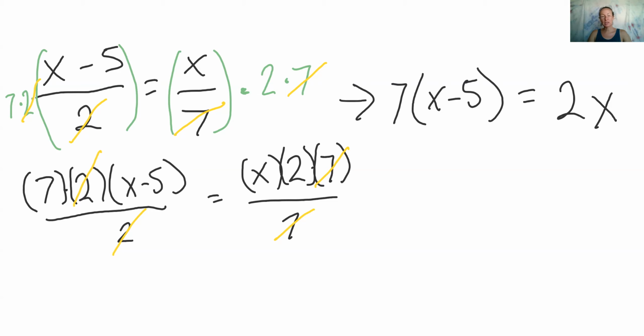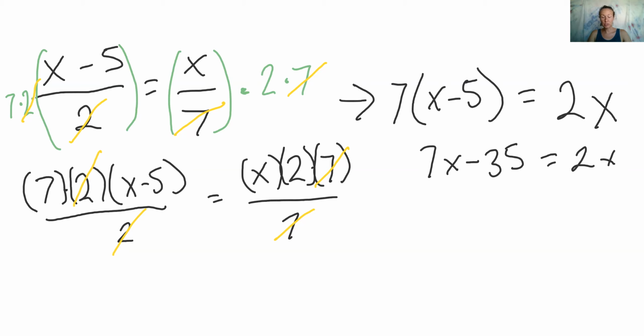So now that we just have this, we can distribute and see what next property of equality we should use. So we've got 7x minus, what is that, 35 equals 2x. Now we're going to use the additive property of equality to try to get all our variables on one side, all our constant terms on the other.